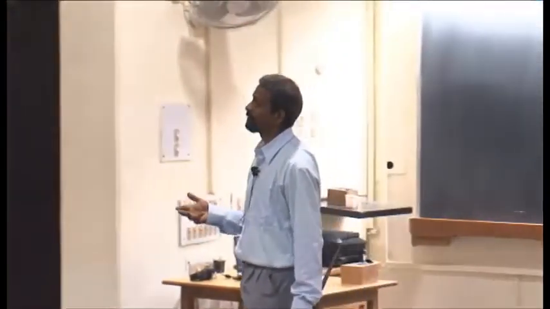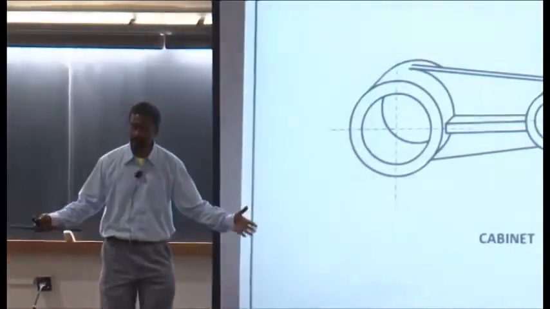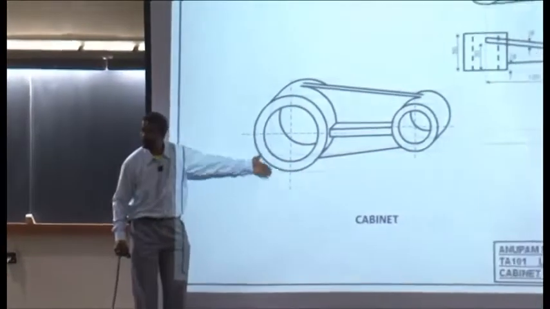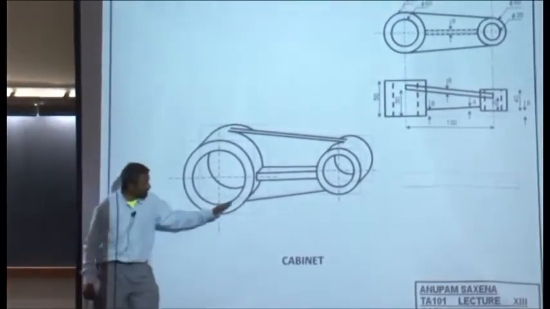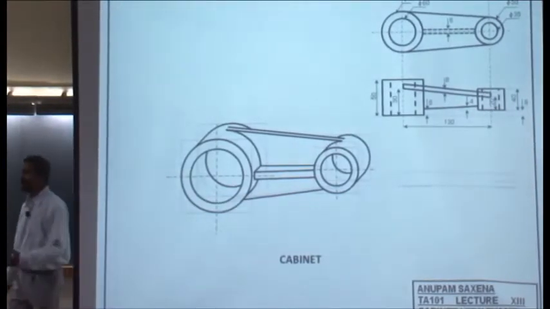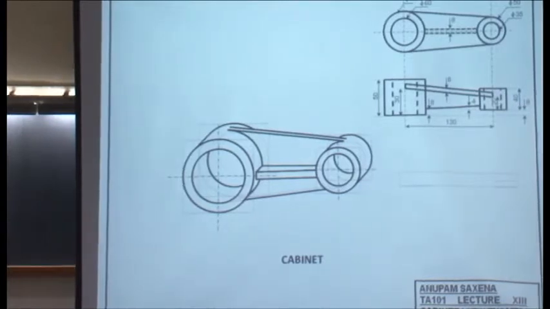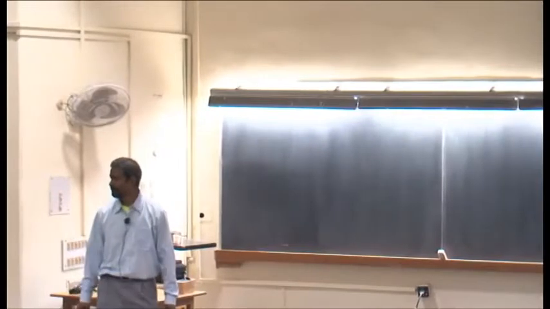So my goals are threefold. So I capture the true dimensions on the plane which is parallel to the screen. Along this dimension I capture the depth, and I choose the orientation of the object in such a way that I get to show all the details of the object.